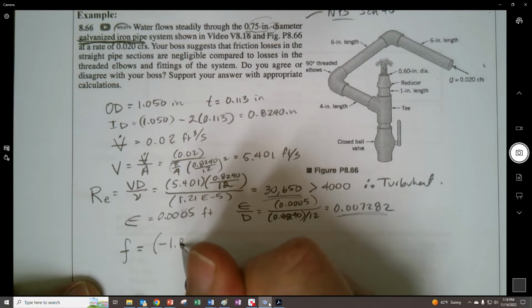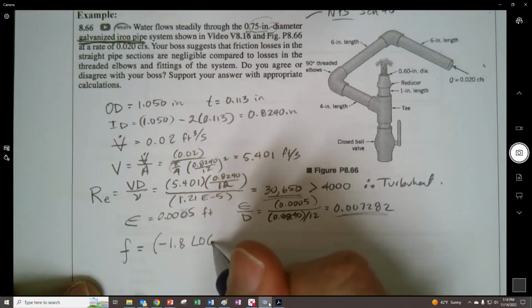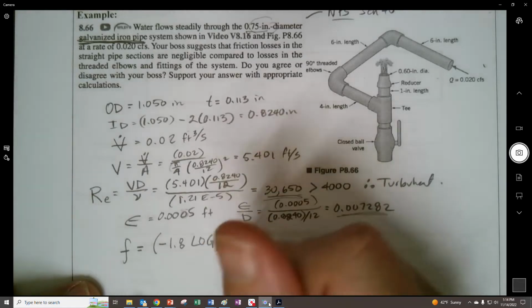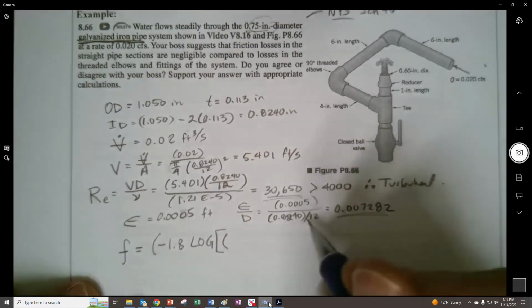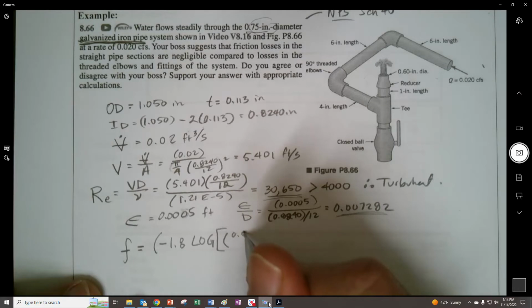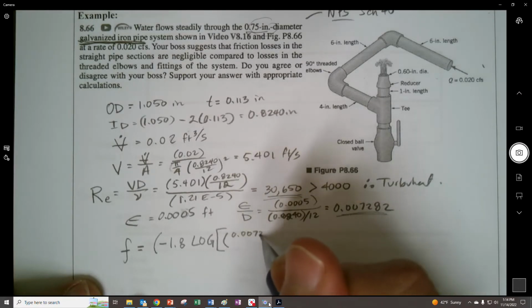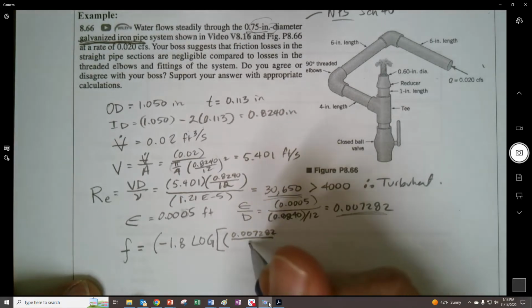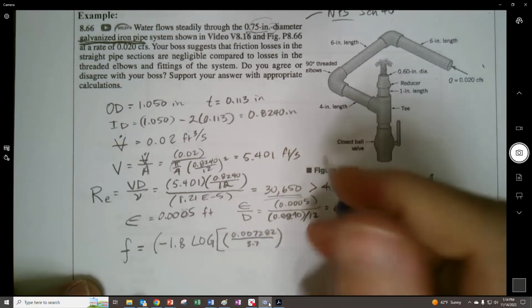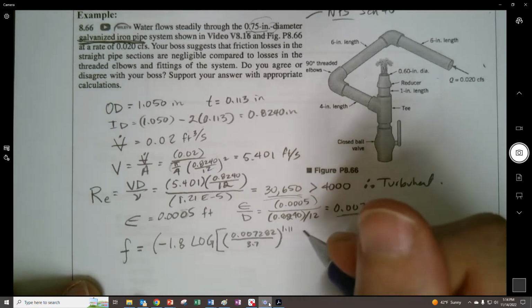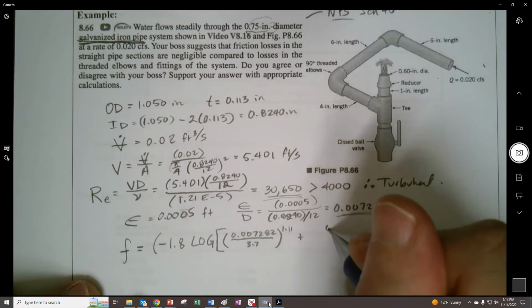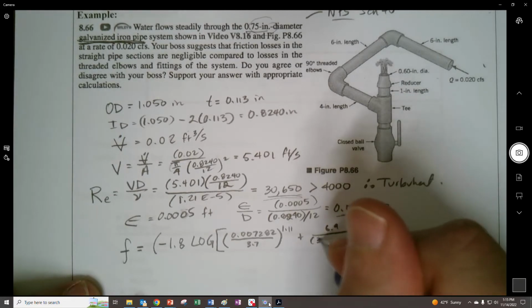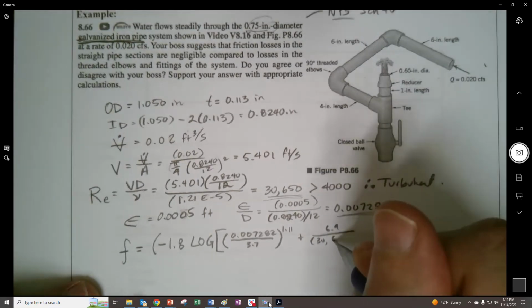We go negative 1.8 times the log base 10 of the ratio over here, or 0.007282 divided by 3.7, raised to the 1.11, plus 6.9 divided by the Reynolds number, 30,650.